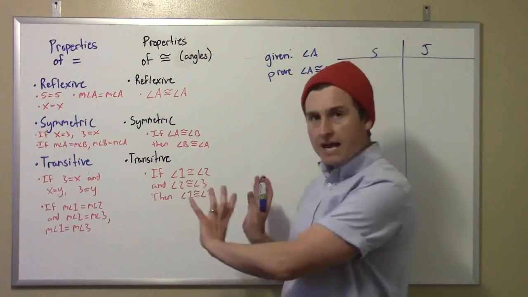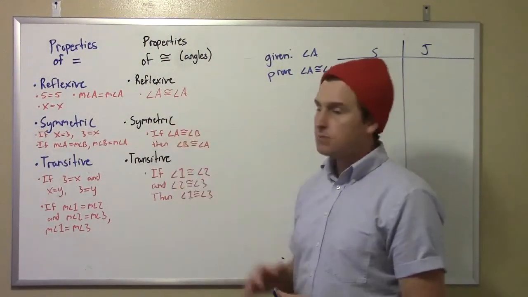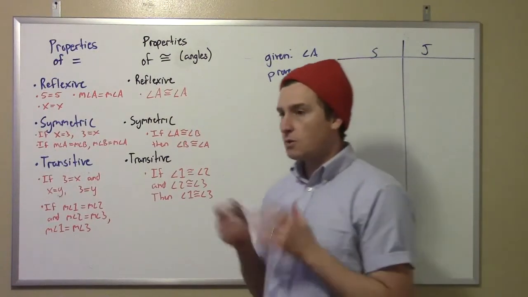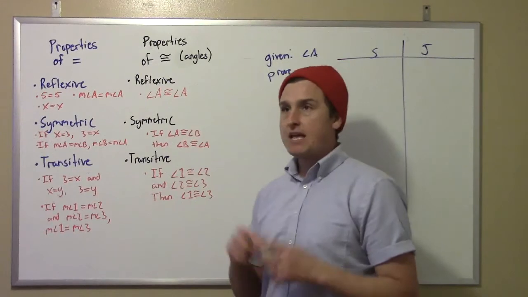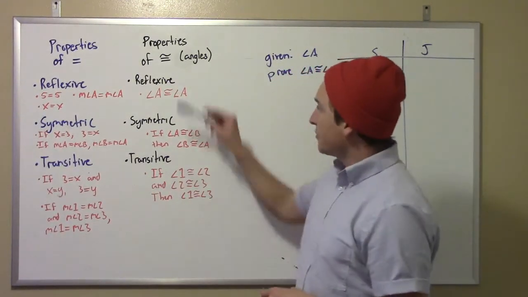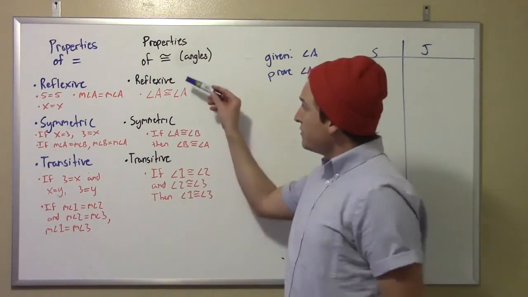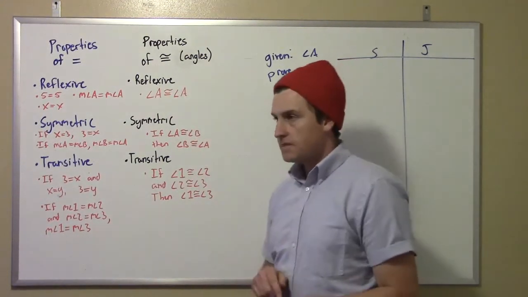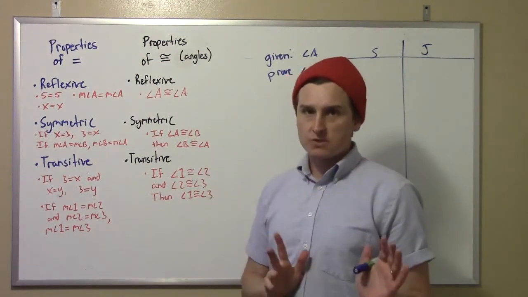Just like in the last lesson, I have two sections here, properties of equality and properties of congruence. And we're going to run through those different properties more quickly this time. Your homework for this lesson, you're going to actually prove these. Now, if you're scared about that, the proofs for these properties are basically identical to the ones we did with segments.